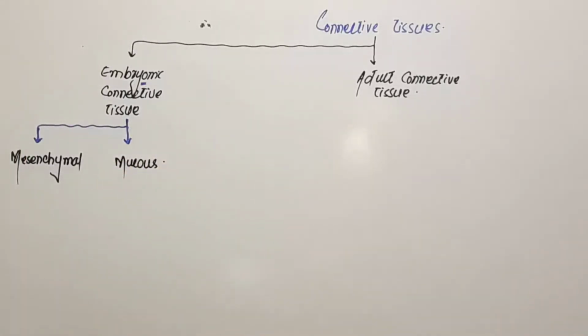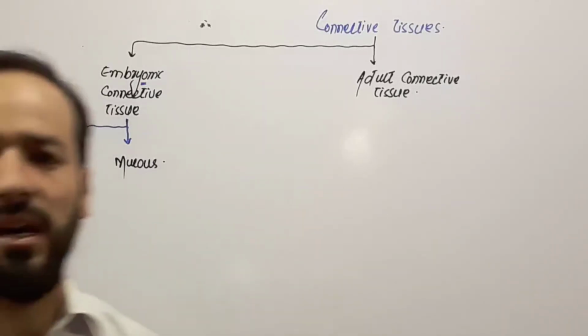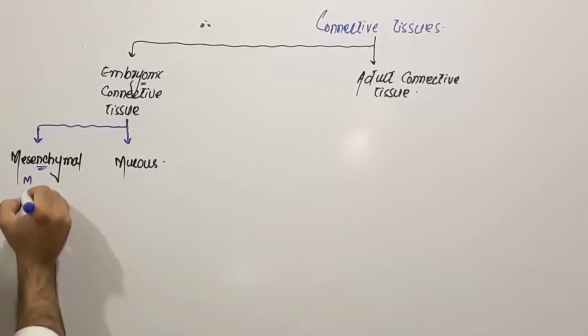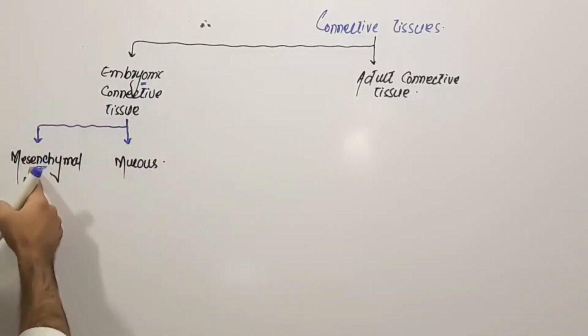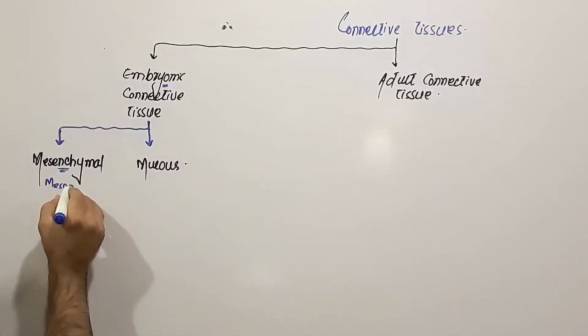Now look carefully. Mesenchymal connective tissue contains all the mesenchymal cells. You know, there was the mesoderm. So this mesenchymal embryonic connective tissue is present in the mesoderm, right?